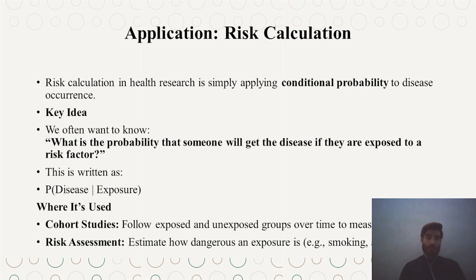For example, in a cohort study, if someone is exposed to a certain risk factor, what is the probability of having a disease? It can be used in a cohort study, following exposed and unexposed groups over time to measure risk, and then in risk assessment, to estimate how dangerous an exposure is, like radiation, air pollution, smoking, unhealthy diet.